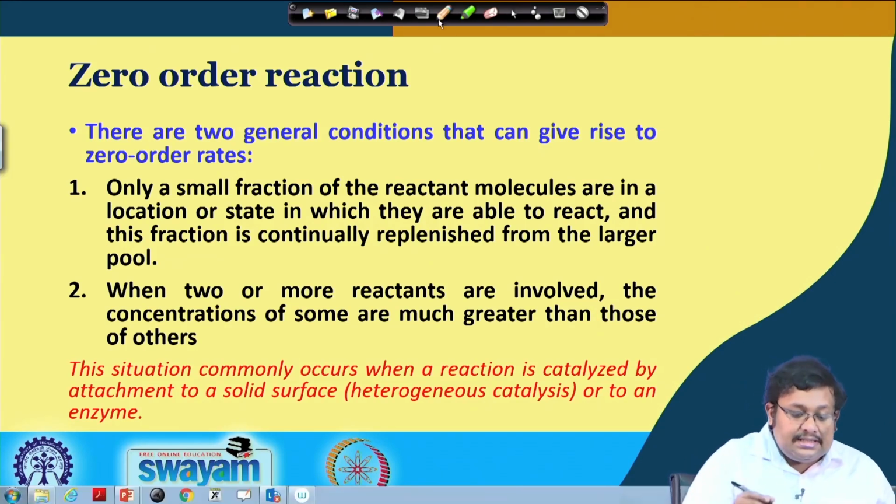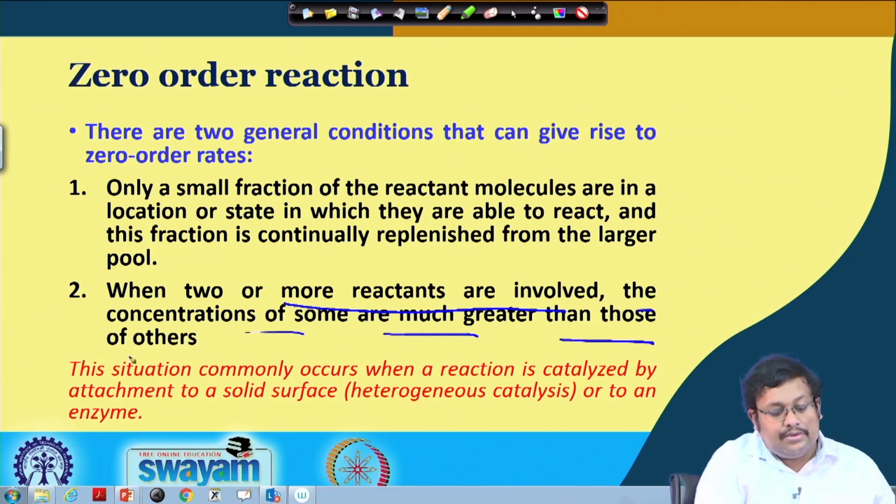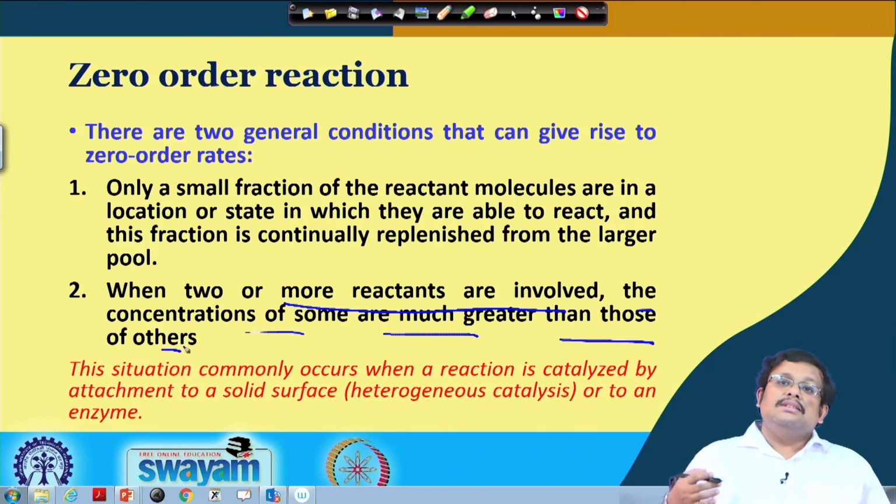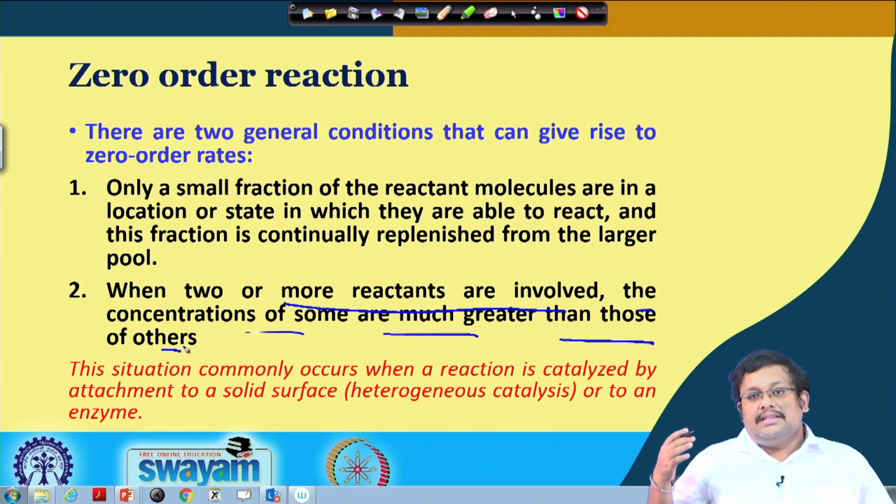Second condition is when two or more reactants are involved, the concentration of some are much greater than those of others. So, if we consider there are two reactants, reactant A and reactant B, and the concentration of reactant B is much greater than that of reactant A, then that could serve as a prerequisite for zero order reaction.